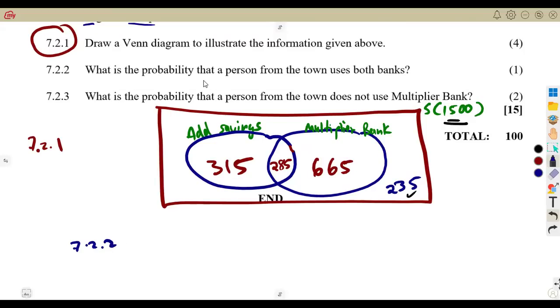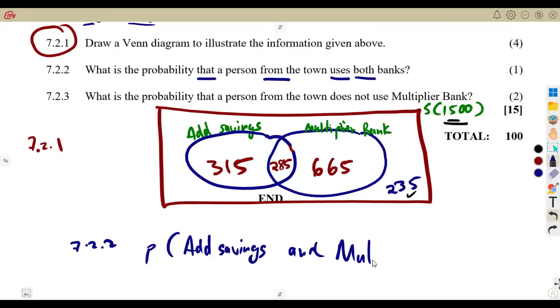What is the probability that a person from the town uses both banks? This is both. How many people are there that are using both? 285. So the probability of using both banks is you are using Ed Savings, and you are also using the multiplier bank.